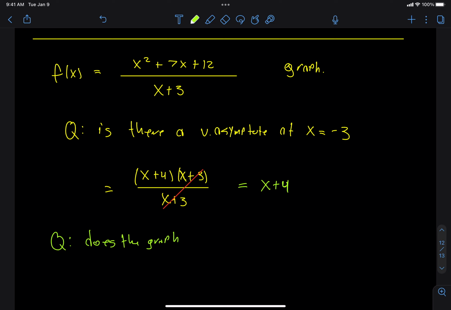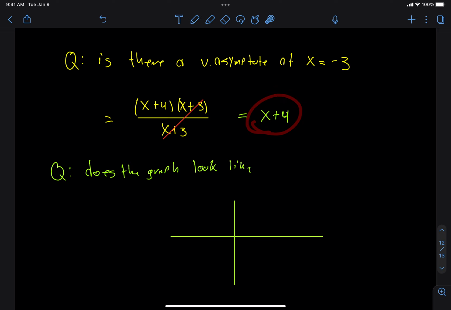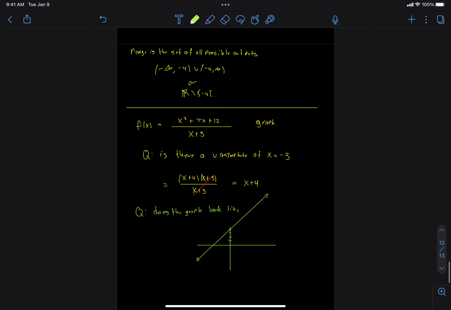So what does that look like? Does the graph look like this? Well, x plus 4, that's just y equals x, shifted up 4 units, right? So I go 1, 2, 3, 4, and I do a line, and done. Who says no? Be confident. Can you explain why?